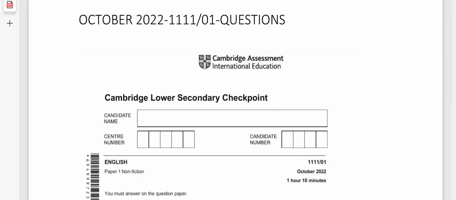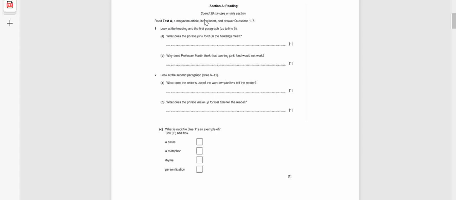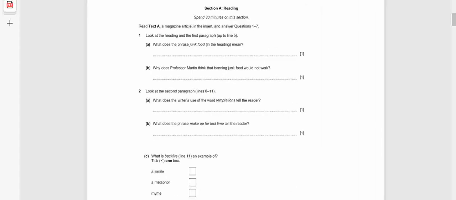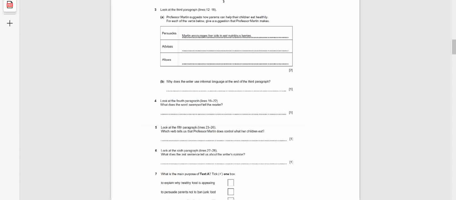So as we have promised, we will scroll over the questions from the first page to the end, so you may take a screenshot if you like to, and use this for practice. So this is page 1, the introduction. This is page 2, section A, reading, questions 1 and 2. Right, this is page 3, questions 3, 4, 5, 6, 7.